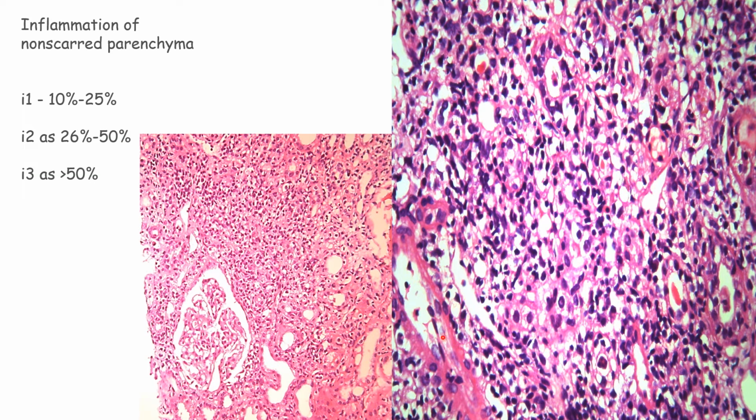If the inflammatory component occupies more than 25 or 50%, they get graded accordingly. And as I was telling you, the cells then start involving the lumen of the tubules.